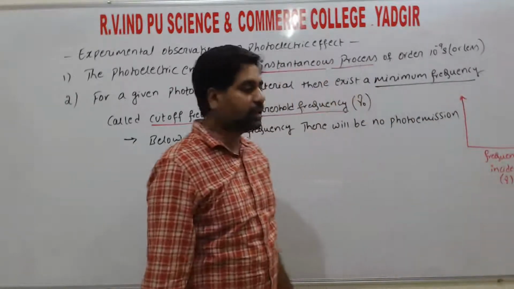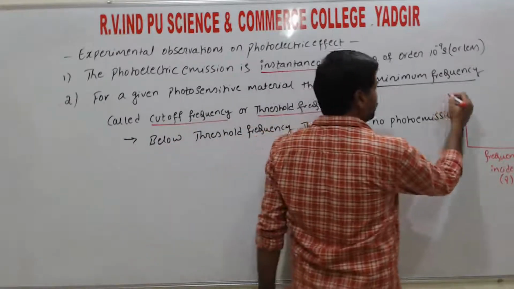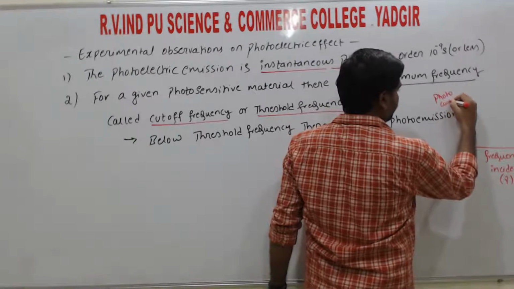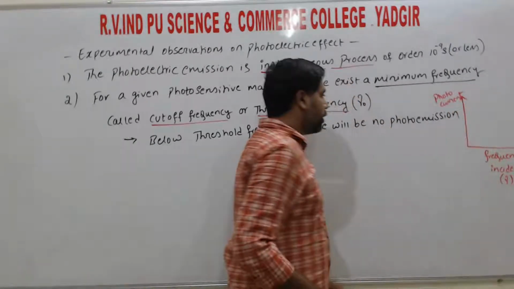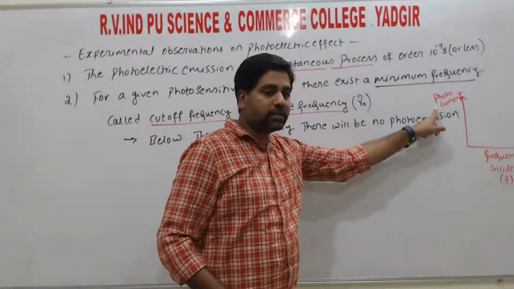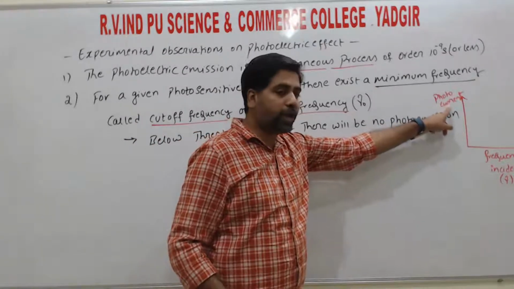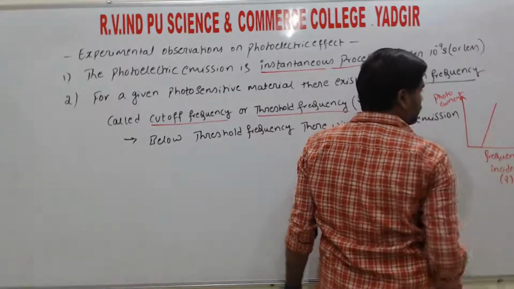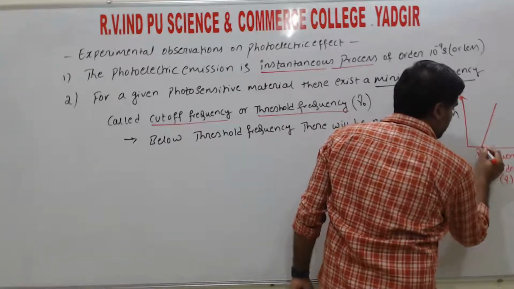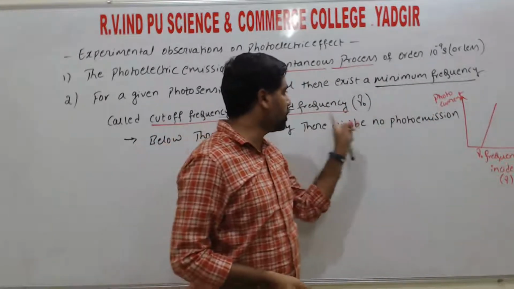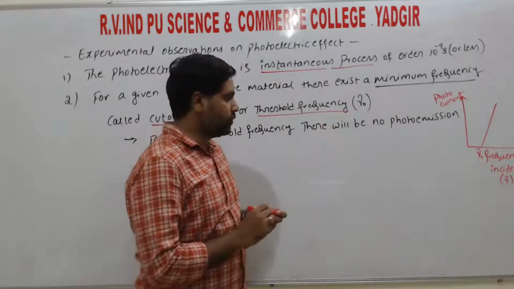Along the y-axis we take the photocurrent. No photoemission means there is no flow of current in the external circuit, so there will be no current. If you plot the graph, this point will be denoted by nu naught. Nu naught represents the threshold frequency, right?